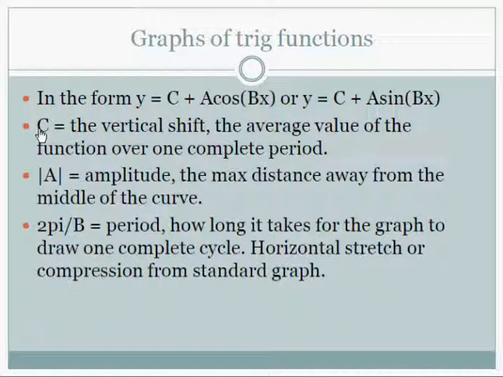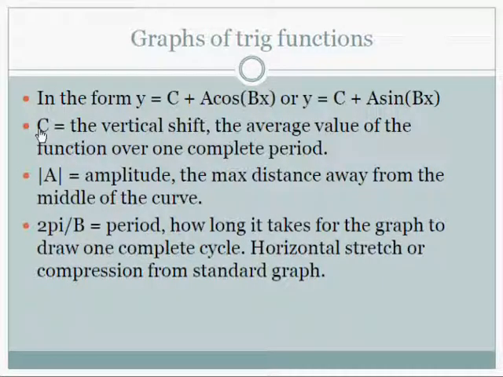And also, we know that this vertical shift is the average value of the function over one complete period, because this is your midline through your sine function or cosine function. So for every point that's above it, you've got another part within that period that is below it. They all just even out, and you end up at this middle line c.